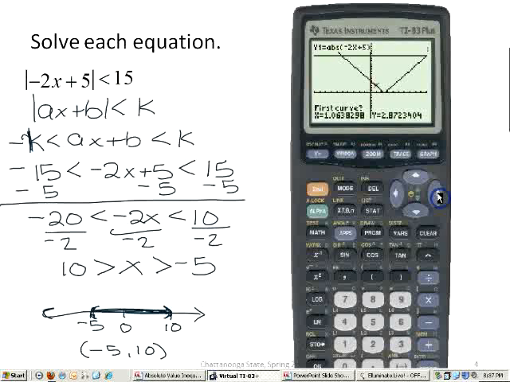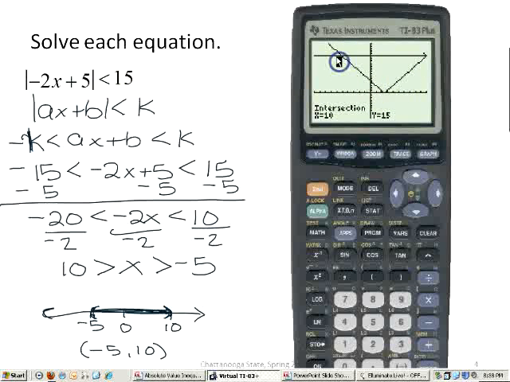I'll do the same thing to calculate the second intersection. I move my cursor over, only on the side-to-side arrows. It takes it a little while to get over there on this one. As long as I'm close, enter, enter, enter. And here's my x equals 10.